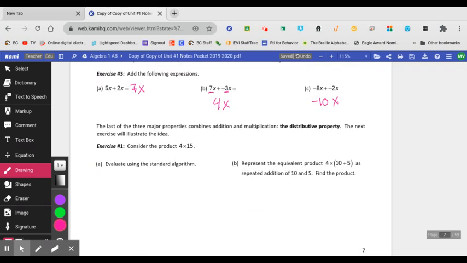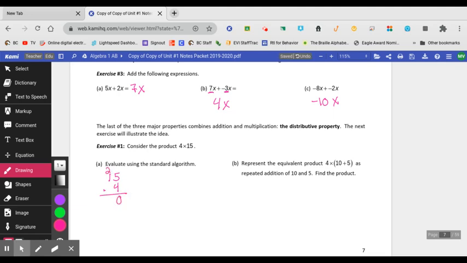The last of the major properties combines addition and multiplication. It's the distributive property. So distributive property, you may have learned, is where you take the number on the outside and multiply everything. So if we're doing 4 times 15, that means 15 times 4. Using the commutative property, 4 times 5 is 20.